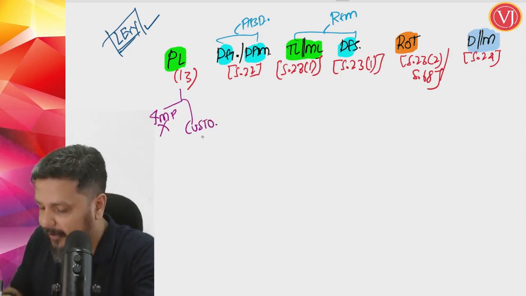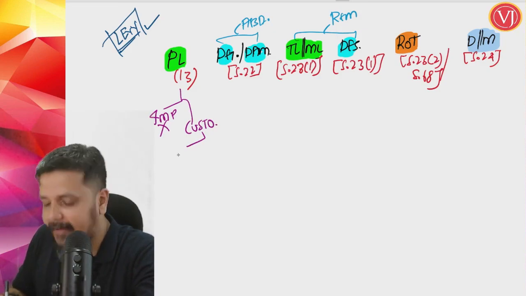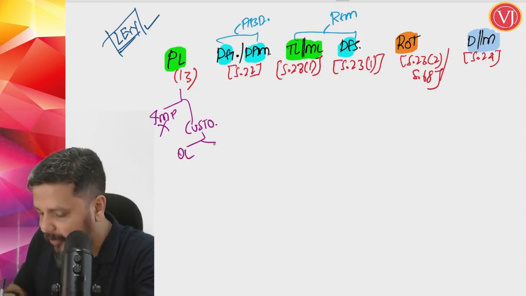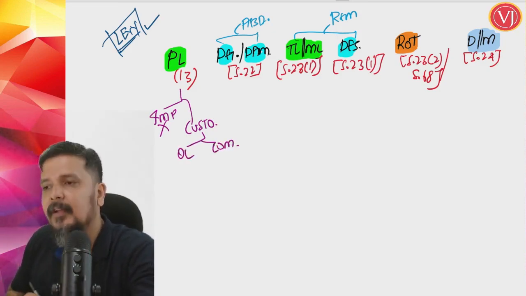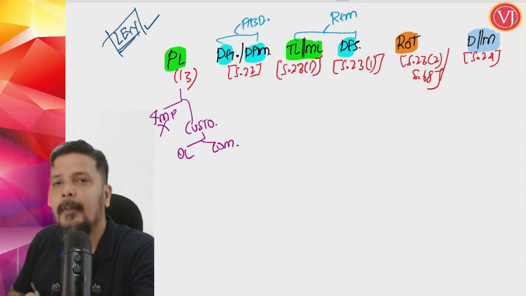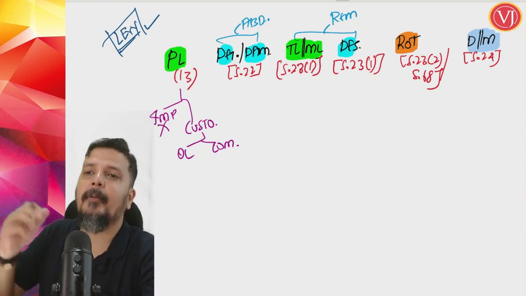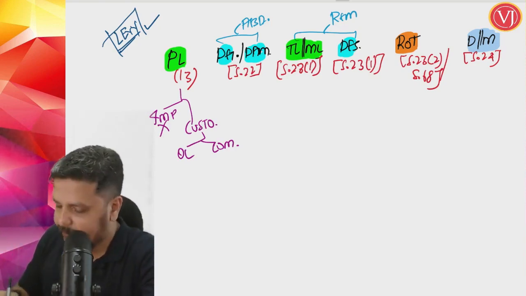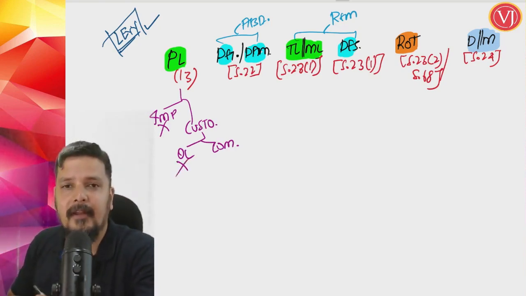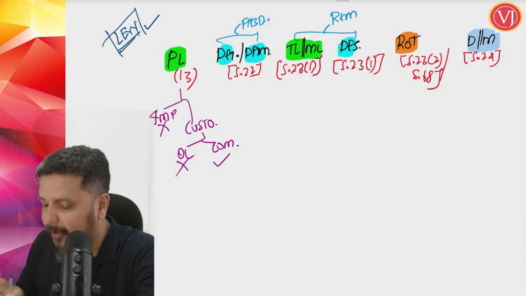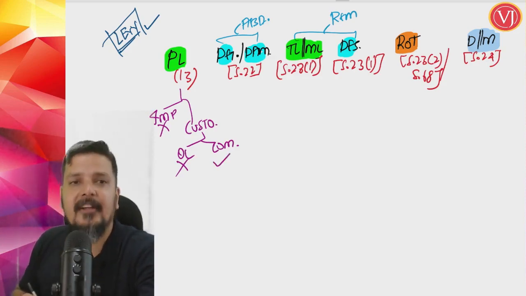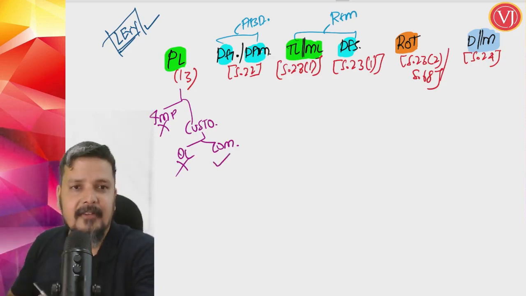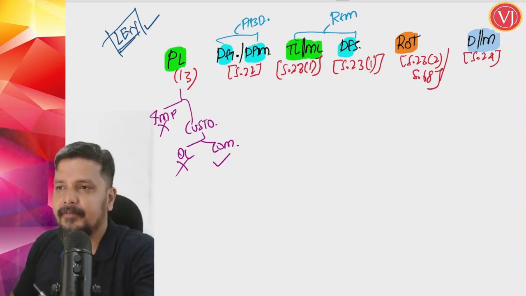If the custodian is appointed as per other laws, say for example the collector is appointed as the custodian, even the custodian will not pay. If it is a custodian appointed by the customs commissioner, the custodian will pay.